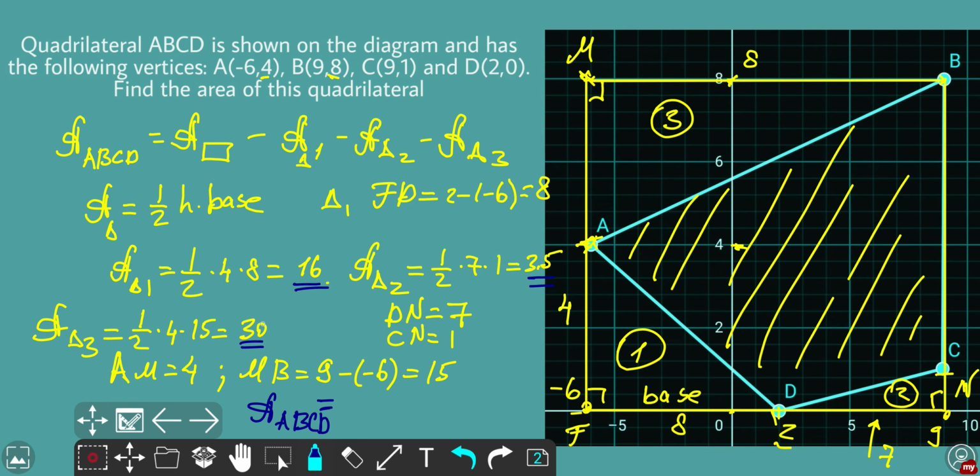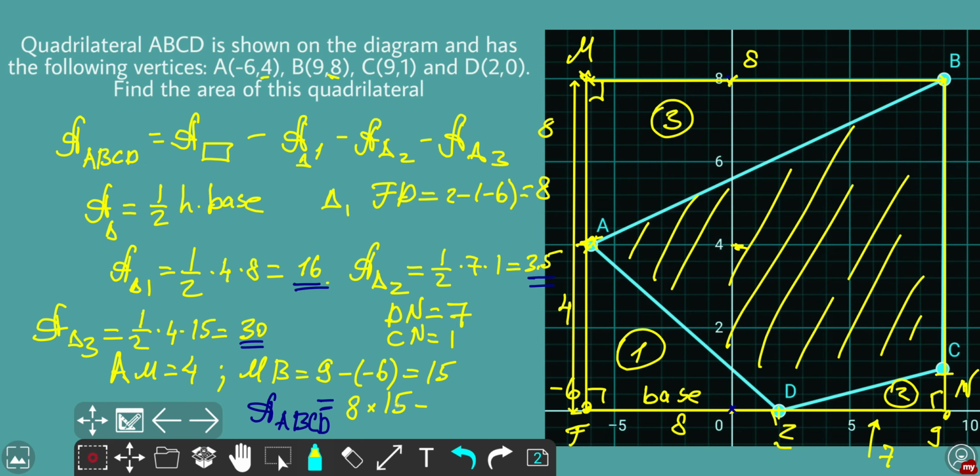Okay, so the area of the rectangle is from level 0 to 8. So that's why it's definitely 8. So this side is going to be a length of 8, times, okay, MB we recently calculated as 15.